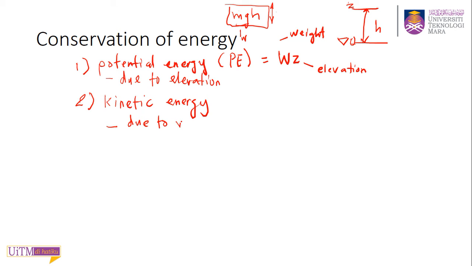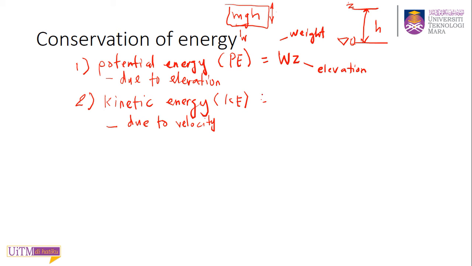Yes, velocity. So any moving object has a velocity, and this will create kinetic energy. So the faster the object is moving, the higher the kinetic energy produced. This is what we call KE, kinetic energy.